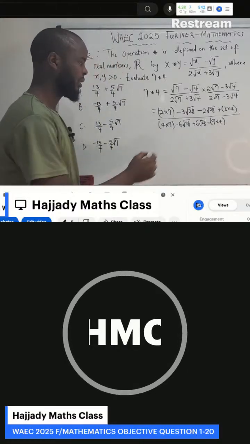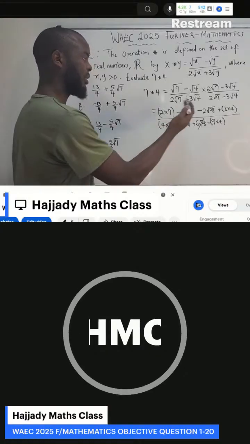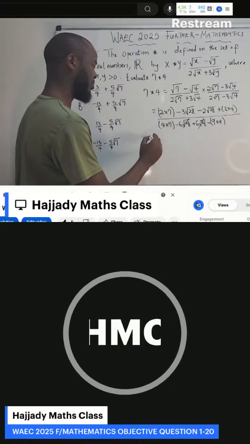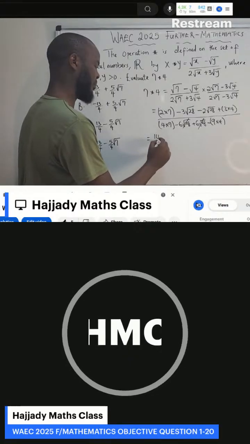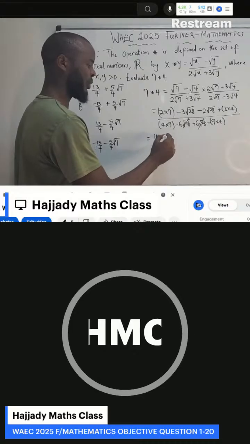Now, if you look at this, it can be cancelled out. And we can proceed by simplifying this. So here we have 2 times 7 to be what? 14. Minus 5 root 28.